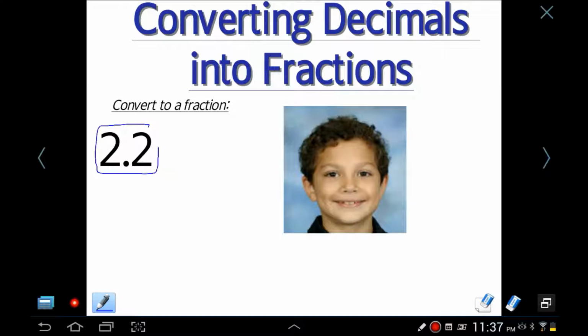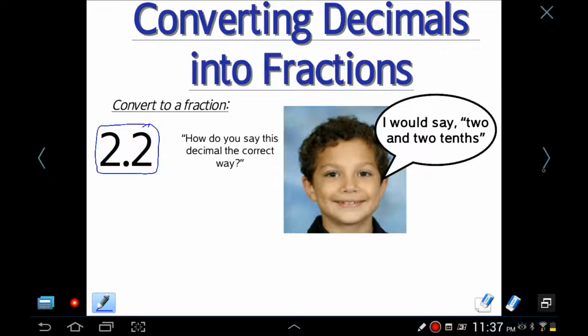Okay, on this next one here, we have the decimal 2.2, and I said that the wrong way, of course, but Jeremy is going to say it the right way. I'm sure of it. Jeremy's a good mathematician. Let's check it out. How do you say this decimal the correct way? And Jeremy says, I would say 2 2/10, and signifies the decimal. So good job, Jeremy. This is our first example where we actually have a whole number, which means when we get our answer, we should get a mixed number like 5 2/3.